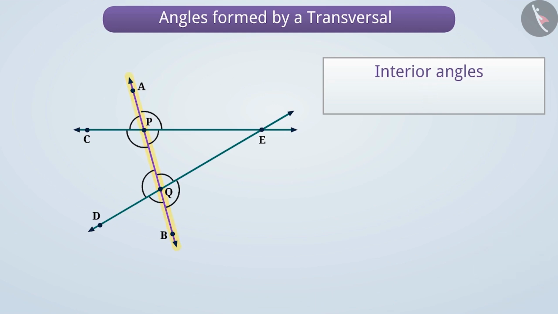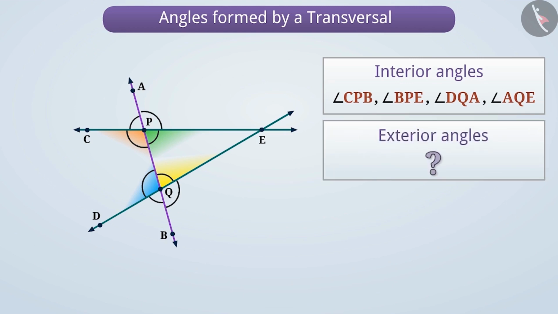The interior angles are angle CPB, angle BPE, angle DQA and angle AQE. Similarly, can you find out the exterior angles? Think for a while. Absolutely correct. The exterior angles formed by the transversal AB are angle CPA, angle APE, angle DQB and angle BQE.